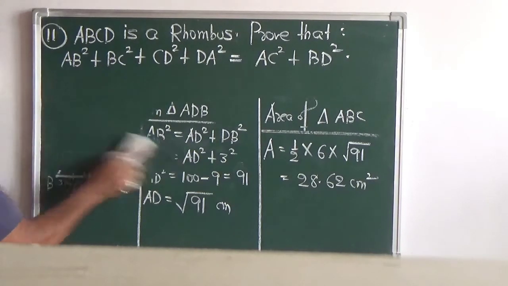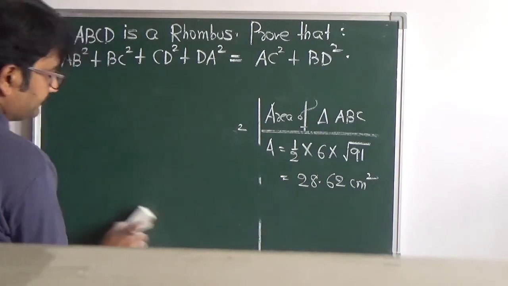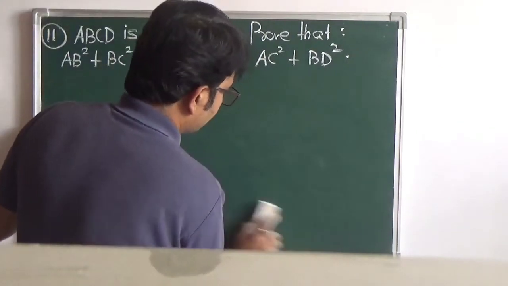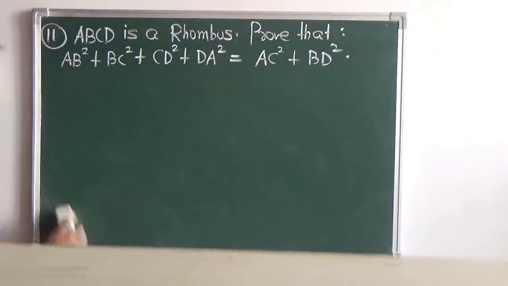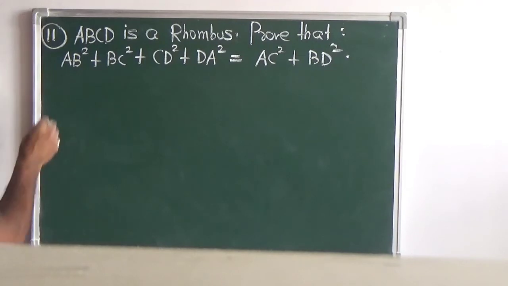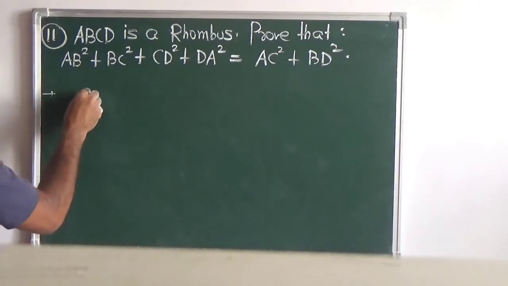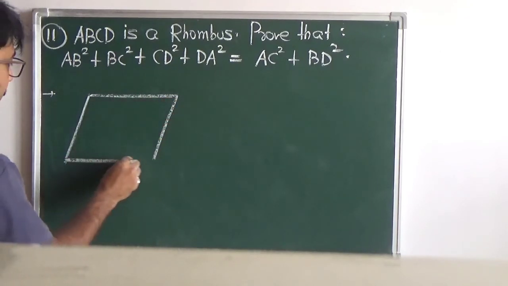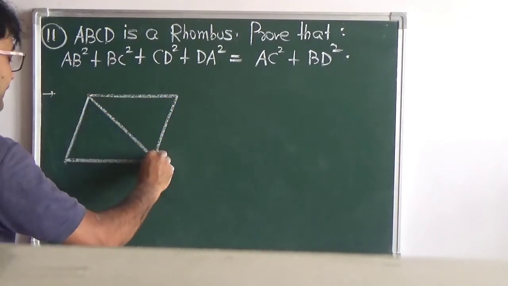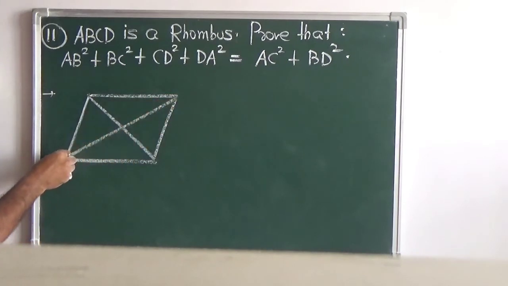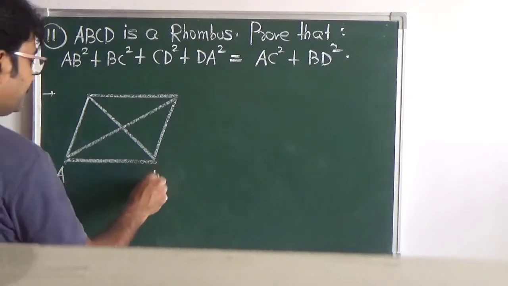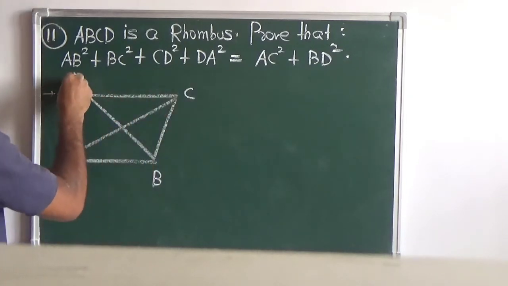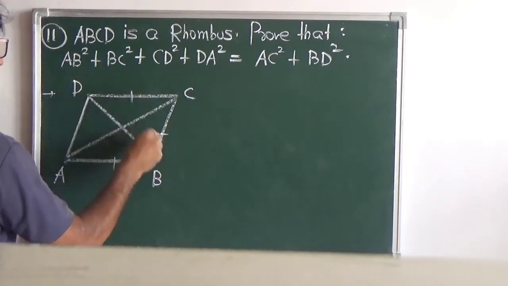So let us now first draw the figure. We have a rhombus, where the four sides will be equal. You can draw the diagonals. If this is the rhombus, we can mark it as ABCD. We know that all the four sides are equal.